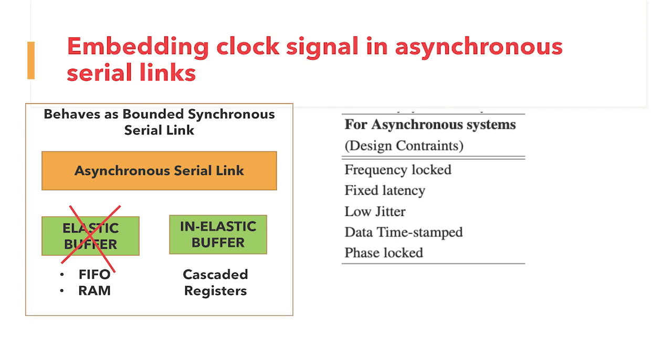I'm not going into different types of buffers. These architectures are used when you are going for clock domain crossing. For example, you are at 100 megahertz and you are crossing to another clock domain running at 101 megahertz. In that case, you use something called an elastic buffer, FIFO or dual port RAM.